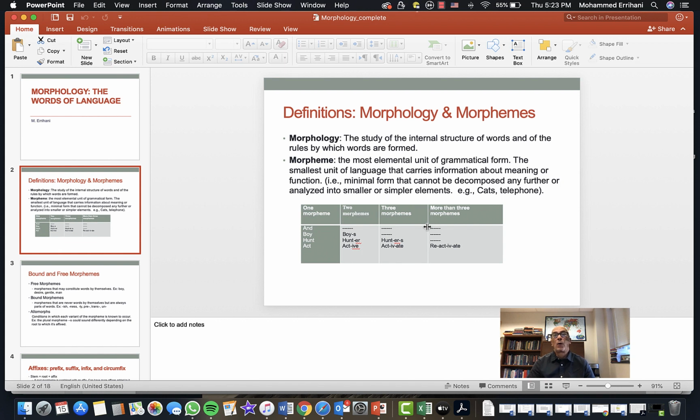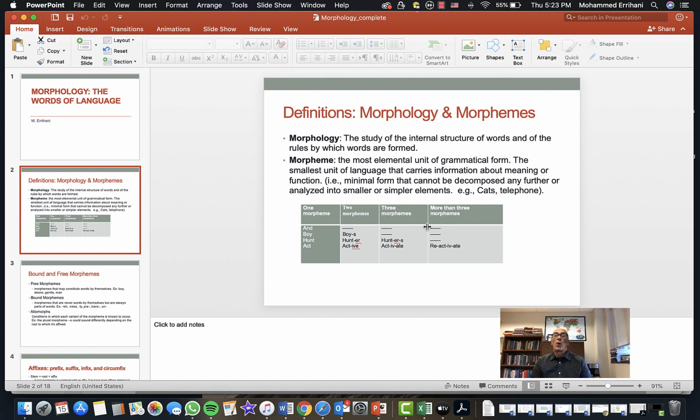So therefore, we have two morphemes here, boy and S. We have the next word, hunt. Hunter, again, two morphemes. Hunt is the verb. If you add ER, as we said earlier, it's one who does. That's the meaning of ER in this context. And if we add S, it means more than one.